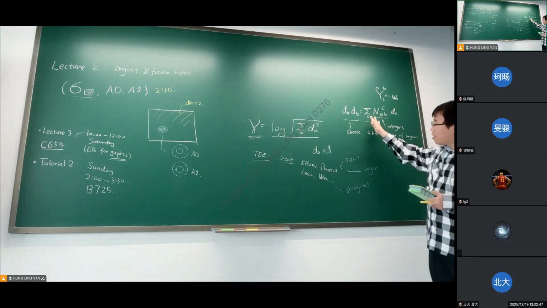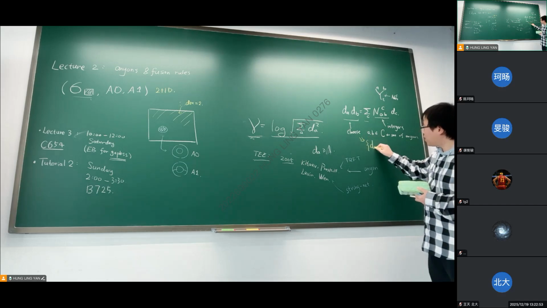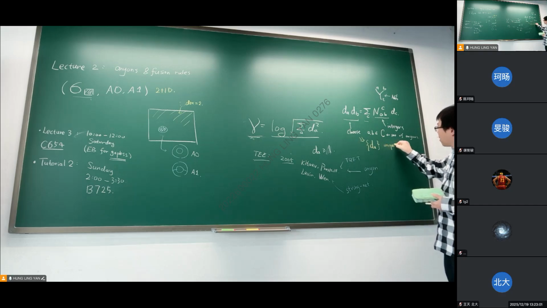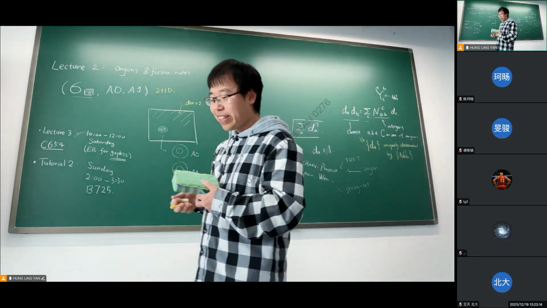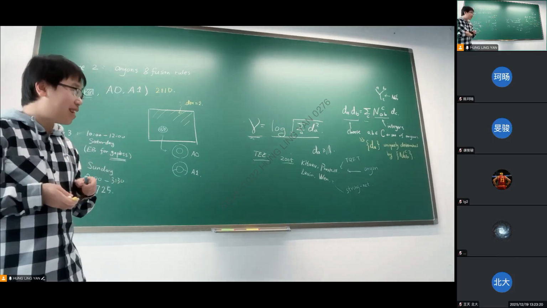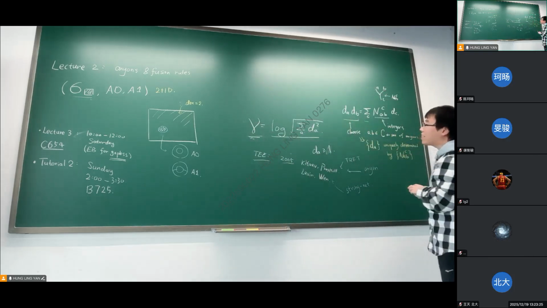Then it turns out the set of quantum dimensions d_A will be determined uniquely by the integers N_AB^C. This is according to the Perron-Frobenius theorem, a mathematical theorem that can determine the quantum dimensions from the integers.